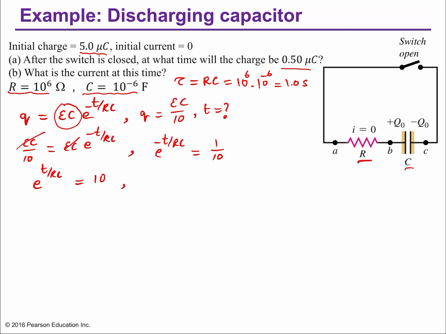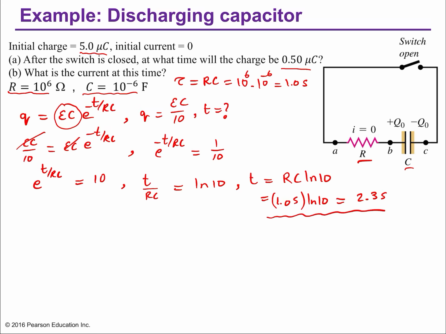Now I take the log of both sides, and I get t divided by RC equal to ln of 10, so t is RC multiplied by ln of 10. I already figured out that RC is 1 second, so that is 1 second multiplied by ln of 10, which gives 2.3 seconds, and that is the answer for part A.